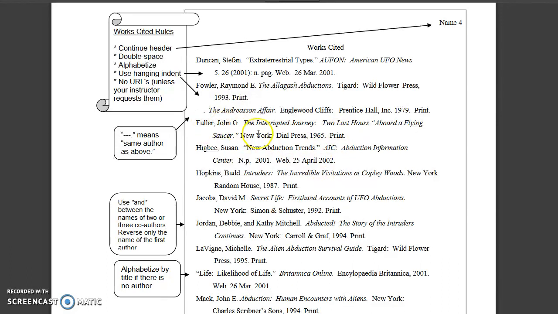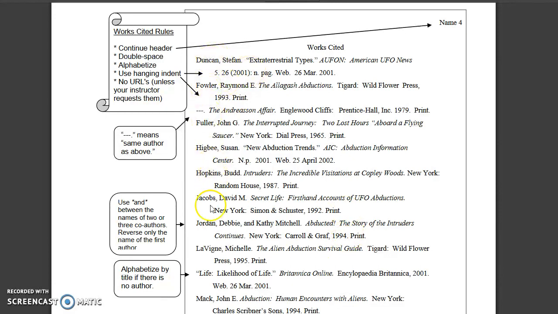So like Fuller, if it's pages 261 to 265, that needs to be put in here, and then you will actually cite the specific page number for that specific quote you're using within your essay.